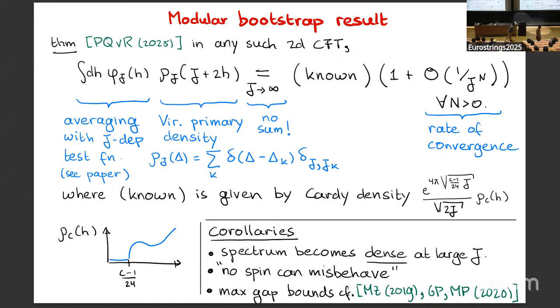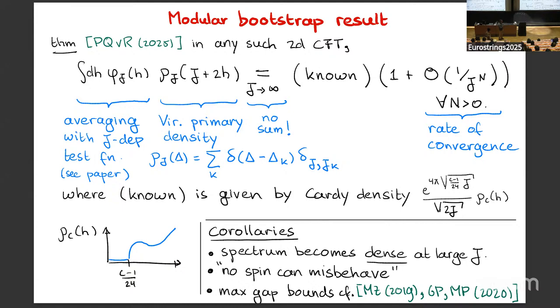So for the modular bootstrap, because here they come with coefficients 1. Of course, for the CFT bootstrap, you're not just counting states; they're weighted by OPE coefficients.